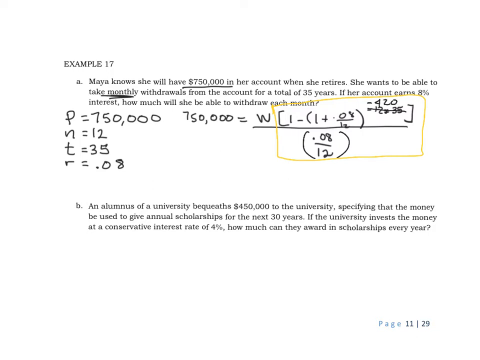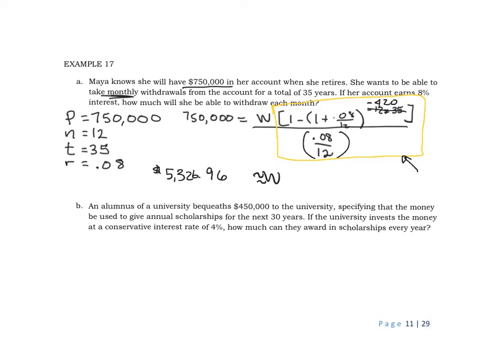So once you figure this amount out, you can do 750,000 divided by your previous answer, and then you should get $5,326.96.